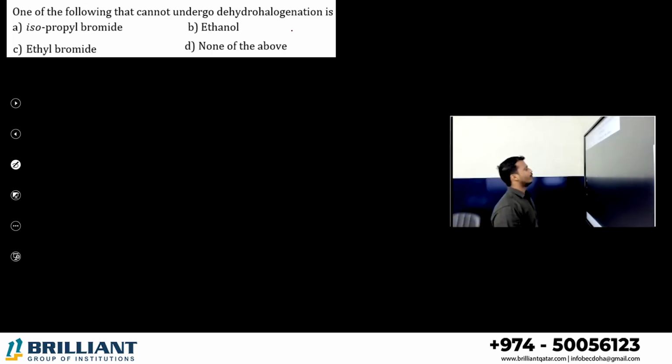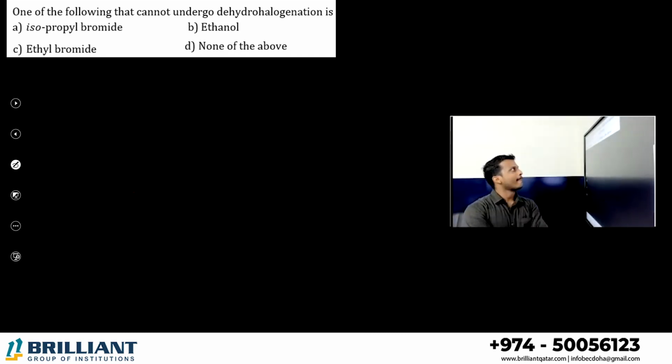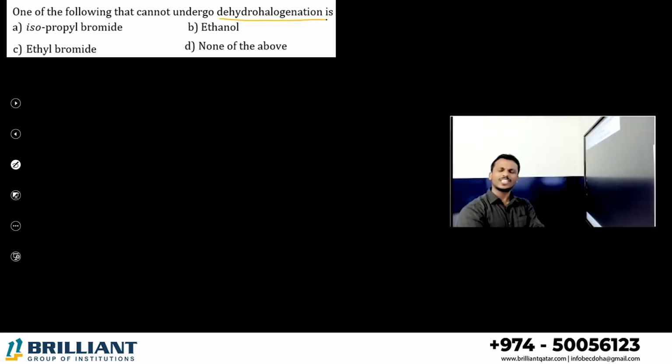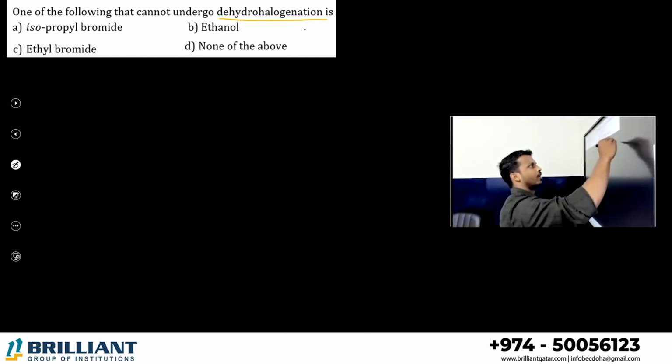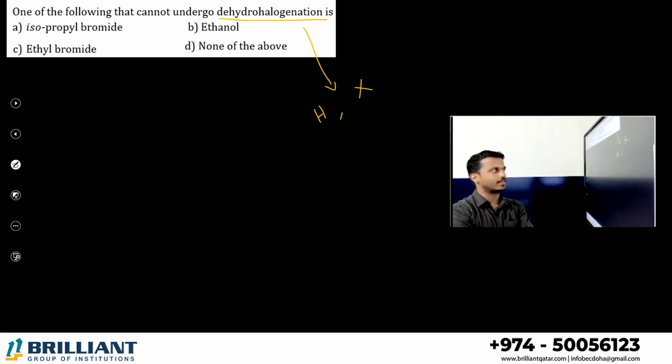Now, which of the following cannot undergo dehydrohalogenation? Simple question. What is meant by dehydrohalogenation? Beta elimination. Correct. It means one hydrogen and one halogen we want to eliminate.